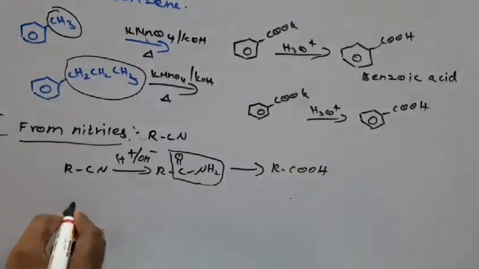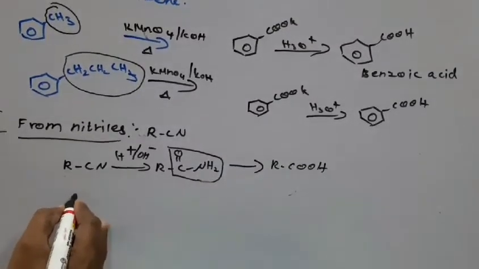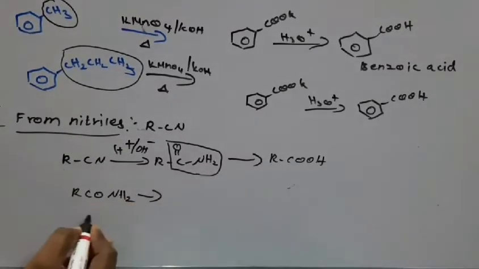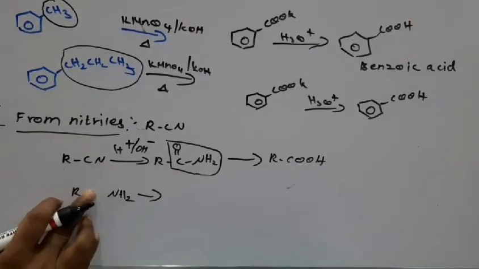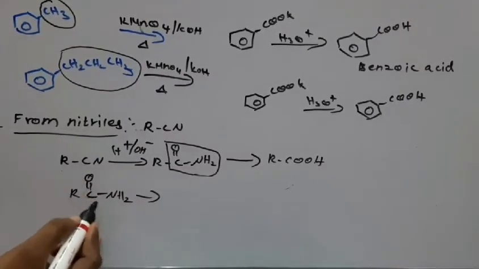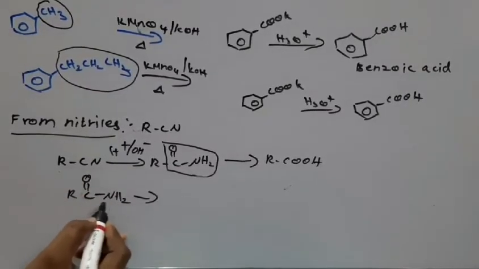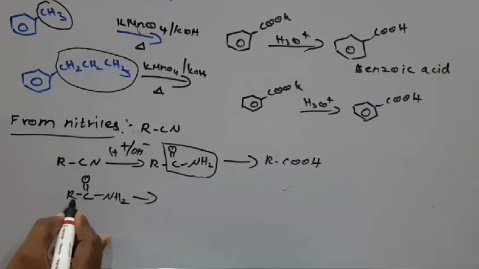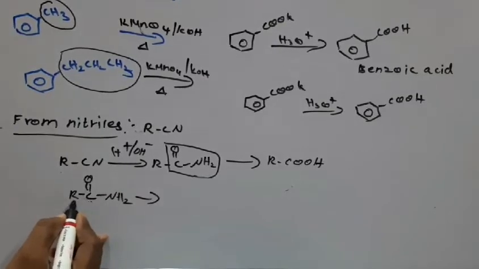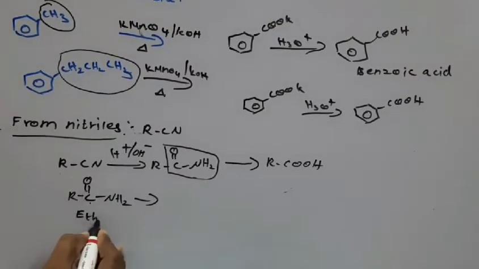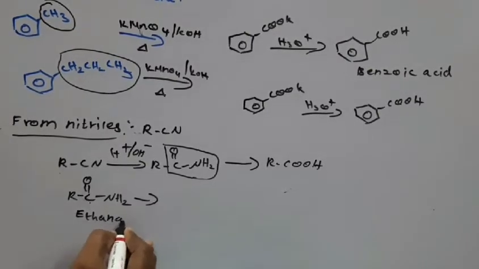So same way, I take RCONH2, this is your ethanamide. Like that you have to write: CH3 CONH2, one CO with NH2 group, that is amide. The alkyl group here has how many carbon atoms? One carbon atom in the R group, so it is ethanamide.